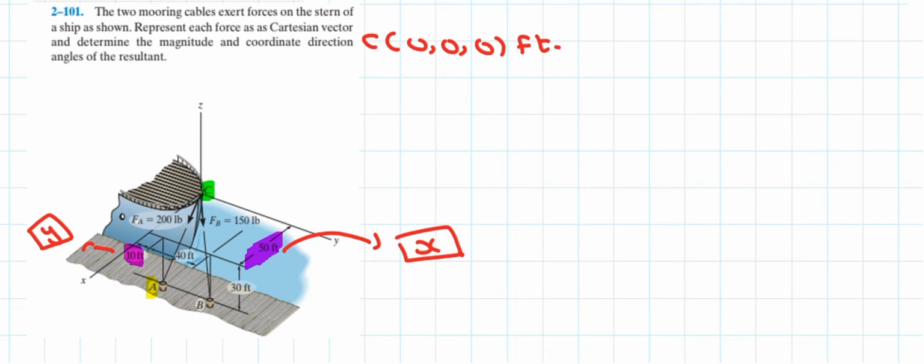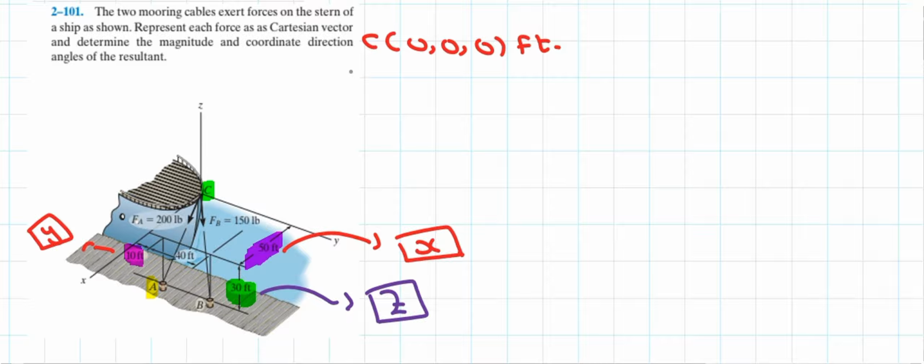And lastly, this 30-foot distance is the z value, and it is negative because it is indicated vertically downward. So the location of point A is written as A (50, 10, negative 30) foot.